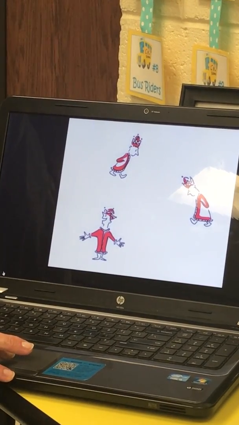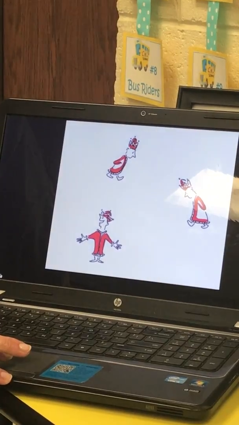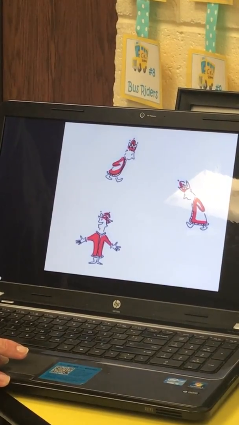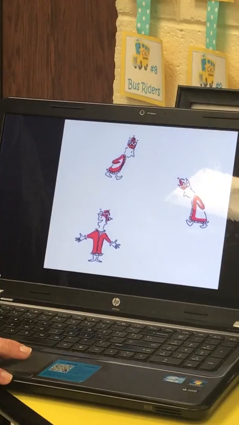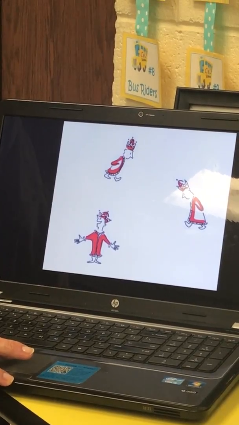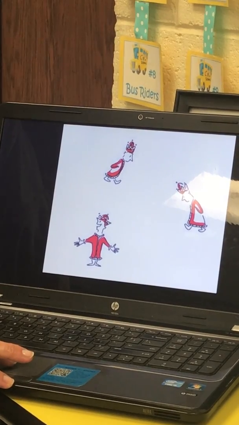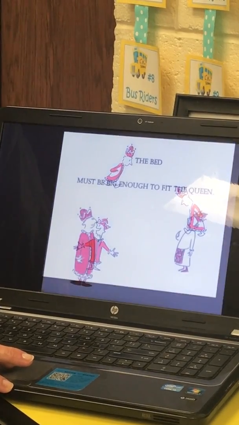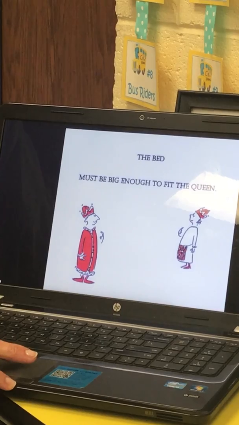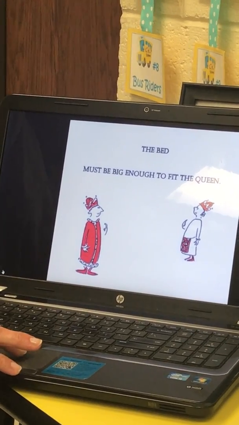And he asked the king, "How big is a bed?" The king thought, and he thought, and he thought, until suddenly he had an idea. The bed must be big enough to fit the queen.